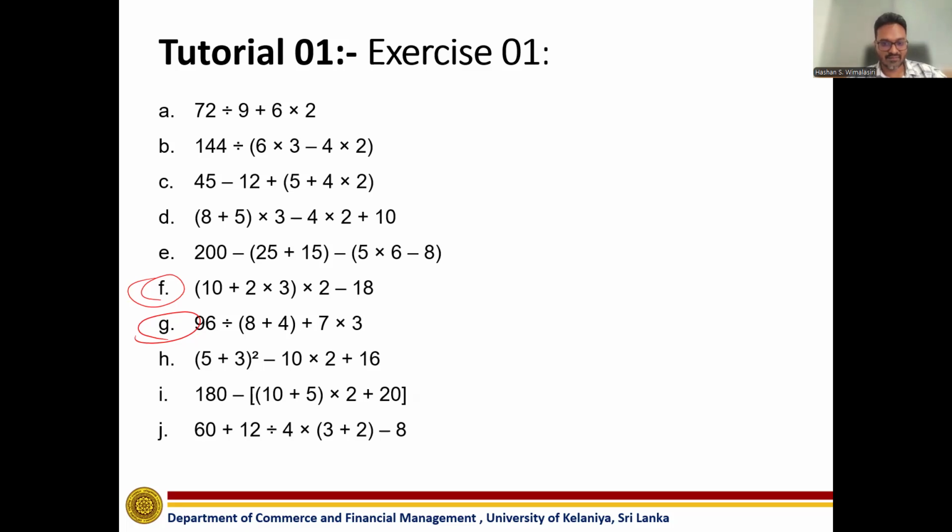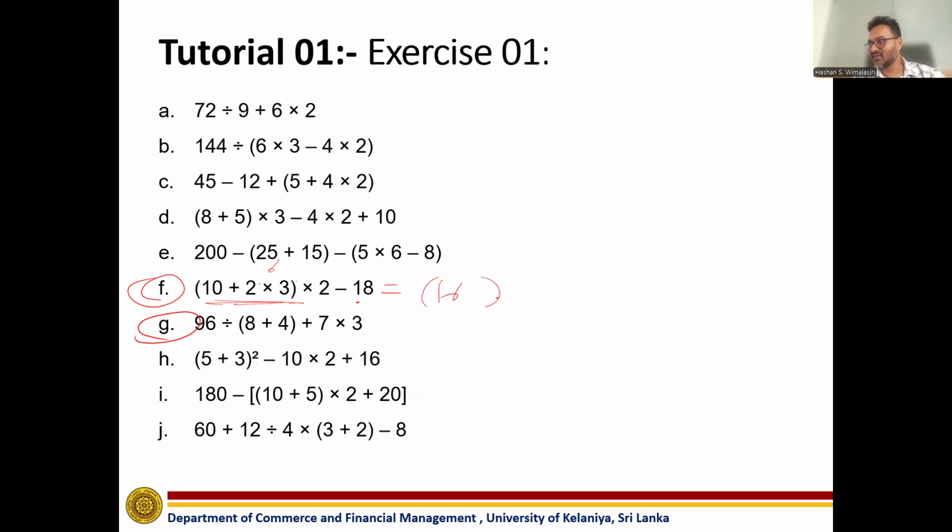Right. For F, we have got 14, no? And for G, 29. So how can we get this? Normally when we have this, within the brackets we have to solve. When solving inside the bracket, again we have to follow the BODMAS rule, multiplication. 2 into 3, 6. 6 plus 10, 16, right?